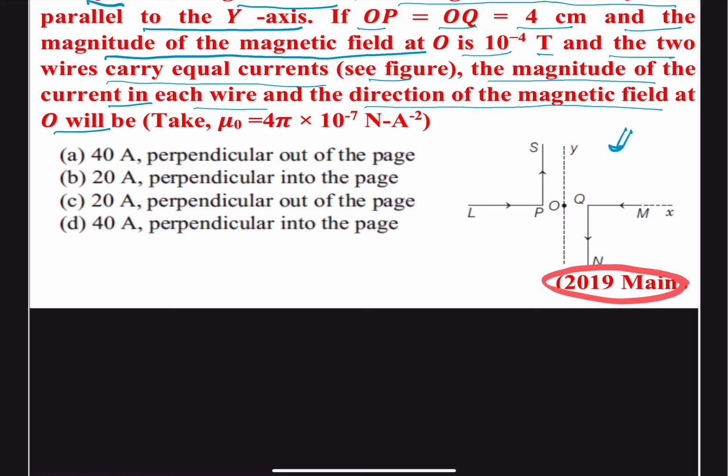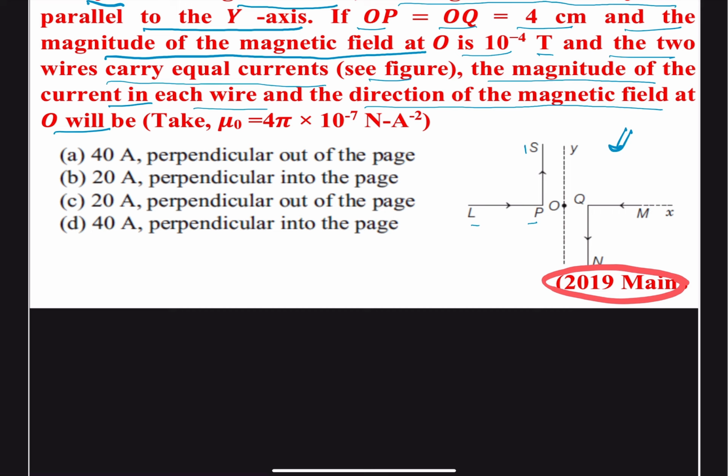So this is the given figure. So we have two wires. One is from L, P and S, and another one is our M, Q and N. We can divide these two wires into 4 sets.